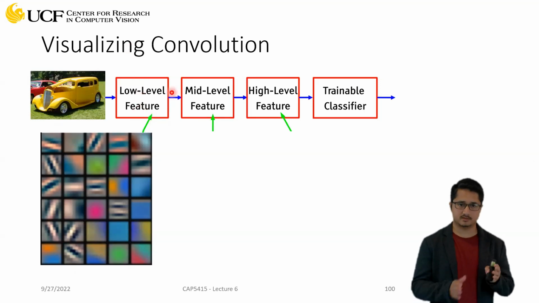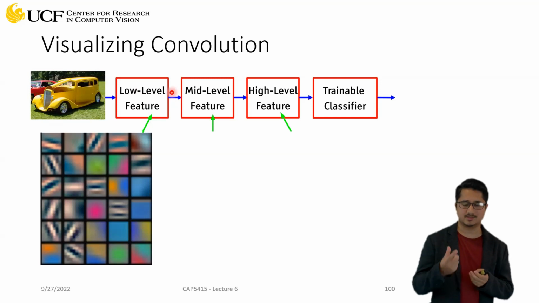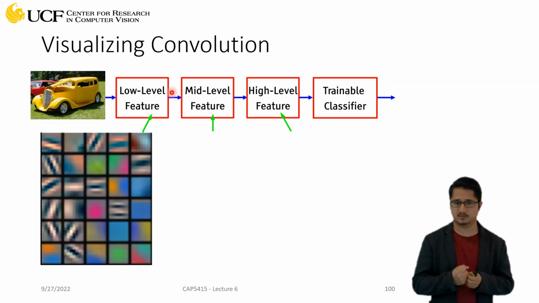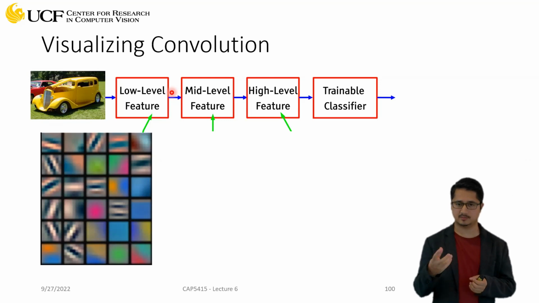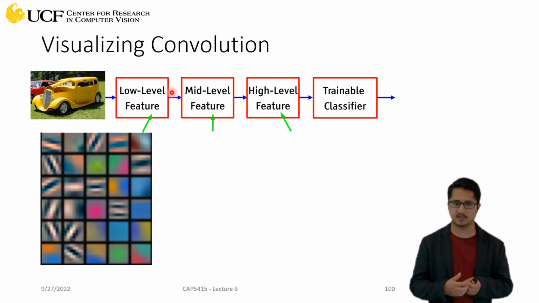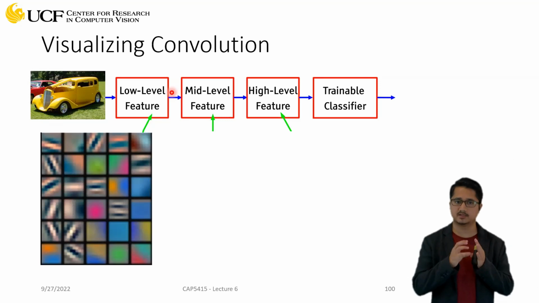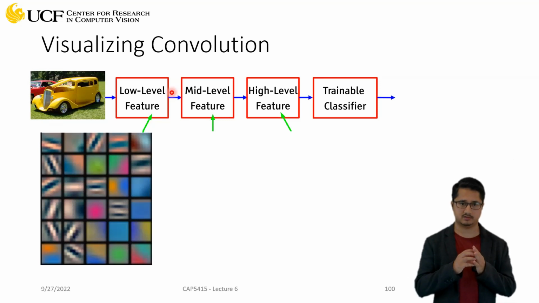The initial layers, the first few layers of your network, try to learn low-level features because those filters are directly operating on your input image. And the filter size is usually very small, 3x3 or 5x5. In AlexNet, it was 11x11. But anyways, that filter operates on a very small spatial location, and that's why it's trying to capture the low-level features.